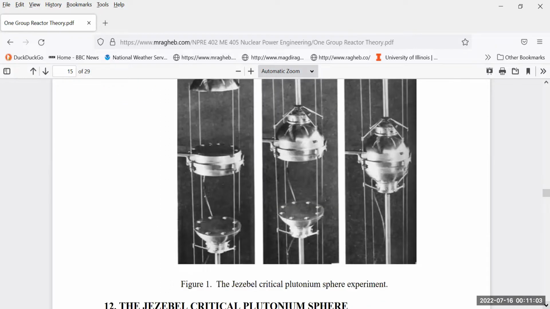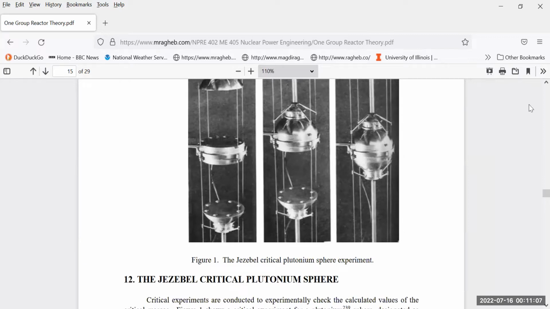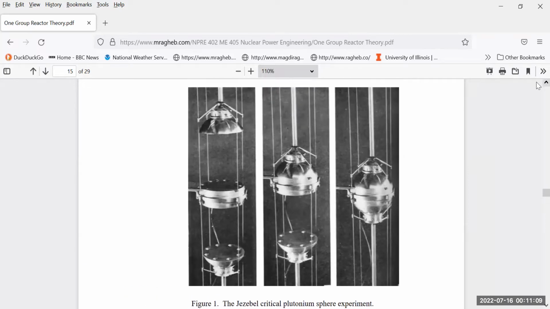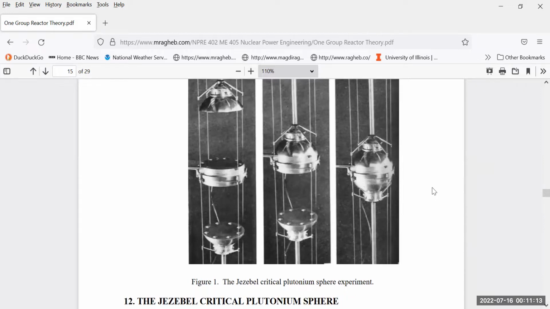All right, so let us see how this is done. Now, this is, in fact, an actual picture. And the fascinating thing is that they're still studying those experiments. So they are still refining the numbers that are used in the data calculations here. But this is an actual picture of the Jezebel experiment.